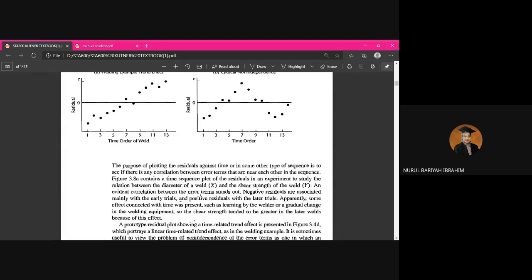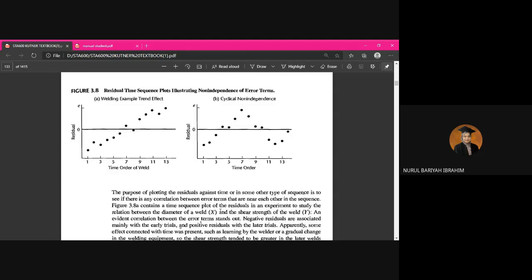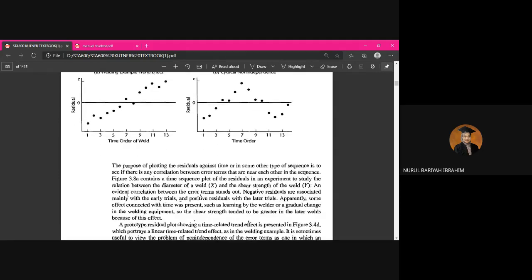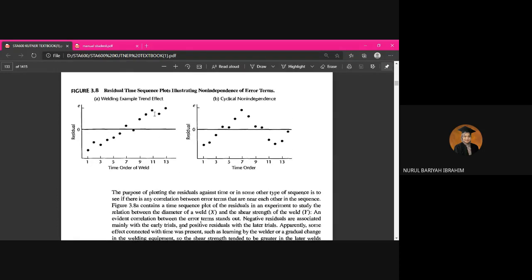Figure 3.8a contains a time sequence plot of the residual in an experiment. An evident correlation between the error terms stands out. Negative residuals are associated mainly with the early trials and positive residuals with the later trials. So this is an example of non-independence of the error term.